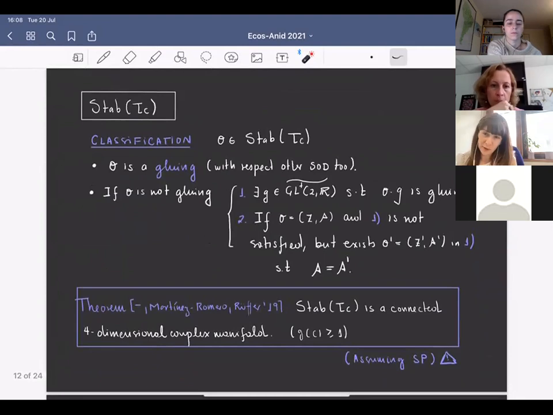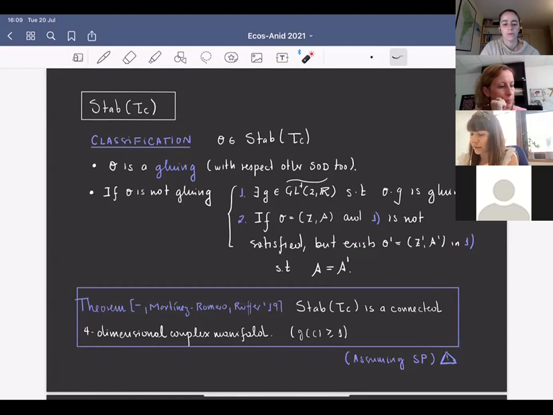In the case of triples, we describe the whole stability manifold. We prove that it is connected and is a 4-dimensional complex manifold. It is not trivial nor expected, in the way that the category of holomorphic triples has homological dimension 2, and the ones that are described completely, the quiver ones and the one of the curve, have homological dimension 1. So it is nice that we can describe it all, and we can describe explicitly each stability condition there.